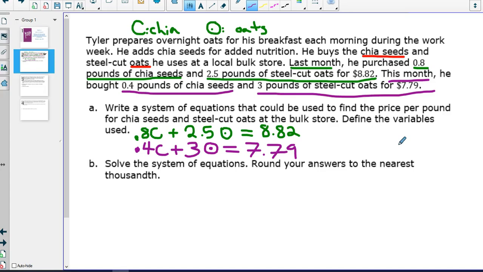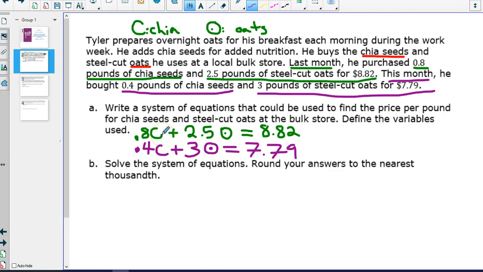So now that we have our two equations here, what we can use is either substitution or elimination to be able to figure out what the pounds of chia and the pounds of oats are.